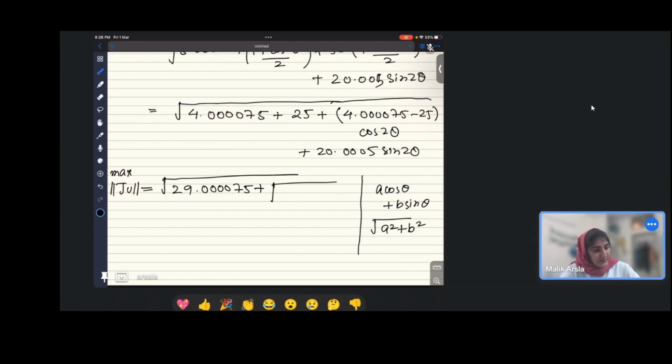So this will be under root of, when you calculate this 4.0000 minus this, it will be 20.9999925 square plus 20.0005 whole square, the square root of that. So that will be the maximum value of the norm of JU. So tell me what it is coming out to be quickly.